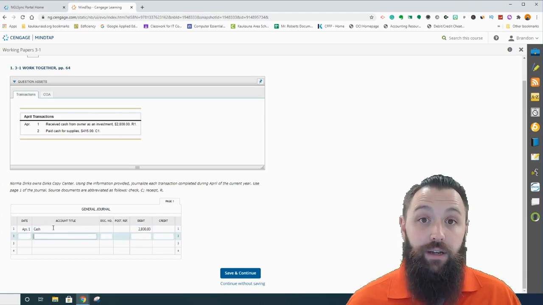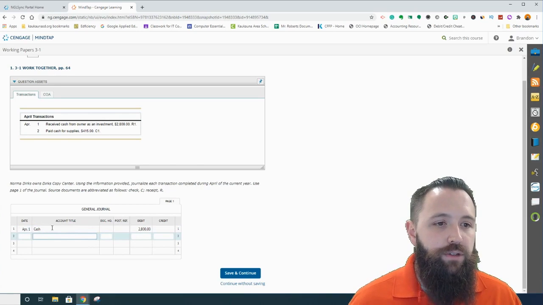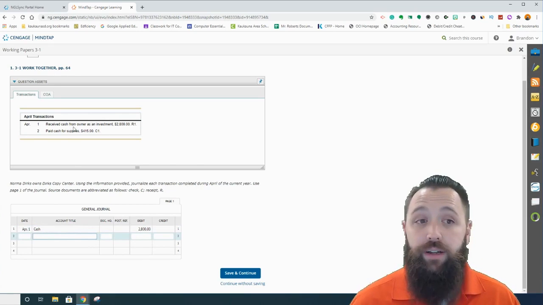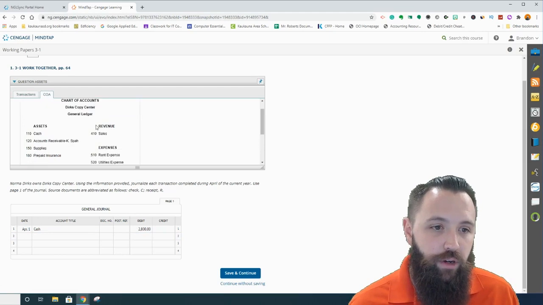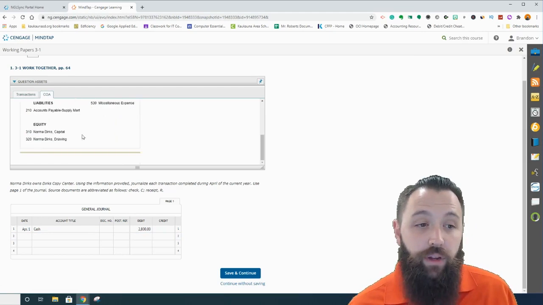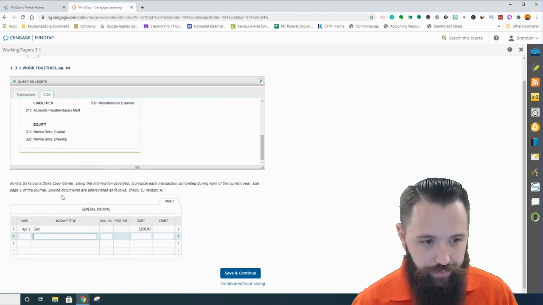Next, let's put in the credited account title. This is step number 3. So it looks like we received cash from an owner as an investment. So that's going to probably be our capital account. If I don't know exactly what to call that, let's go into our chart of accounts, go into equity, and you can see here it says Norma Dirks Capital. So that's what it's going to be called, Norma Dirks Capital. You see, I spelt it wrong.